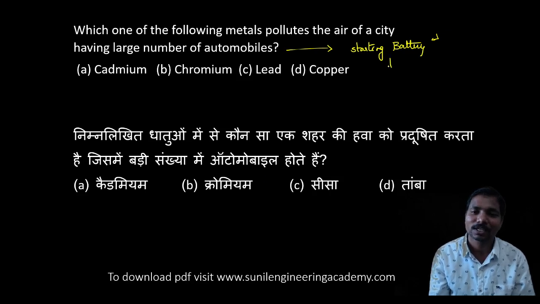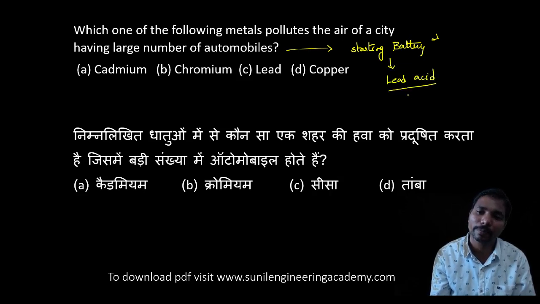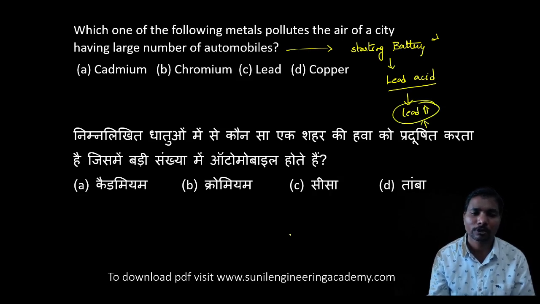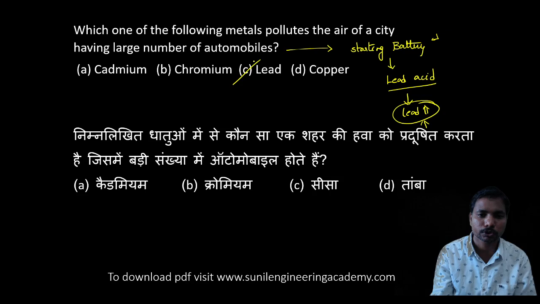Starting batteries are generally lead acid batteries. Every time you are using them, some lead leaks into the atmosphere, so it pollutes. They are asking for a metal, that's why the options are also metals. So we are going with lead.